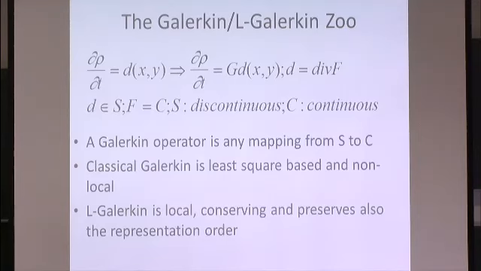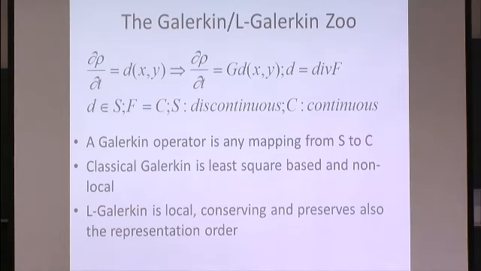No, the other way around, which makes the discontinuous functions continuous. So classical Galerkin does it by least square, and it's extremely non-local. So I use a local version of it. And so this one is local and conserves, and it preserves the representation order.